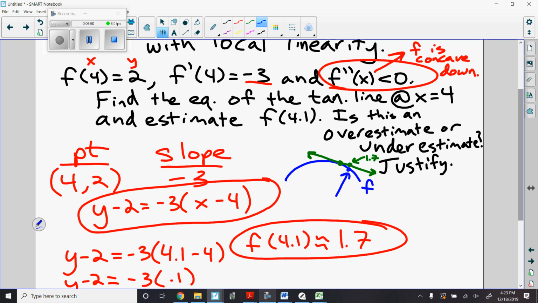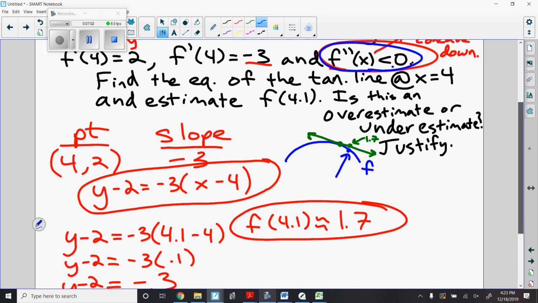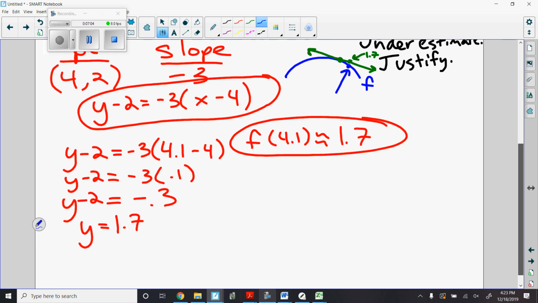So when we write this and justify it, here's what we say. Now, they never told me f was concave down. I made that connection based on this statement. So in my justification, I need to write that I made that connection. So I'm going to say since f double prime of x is less than 0, f is concave down.